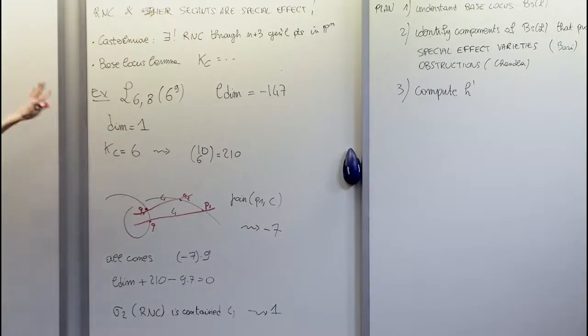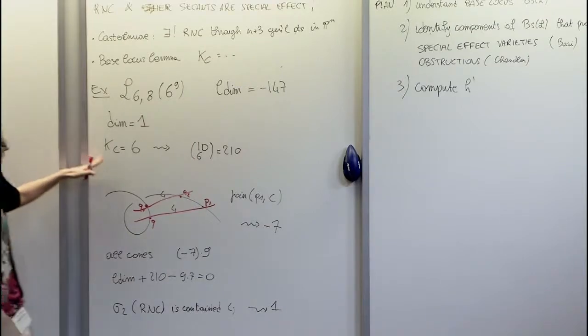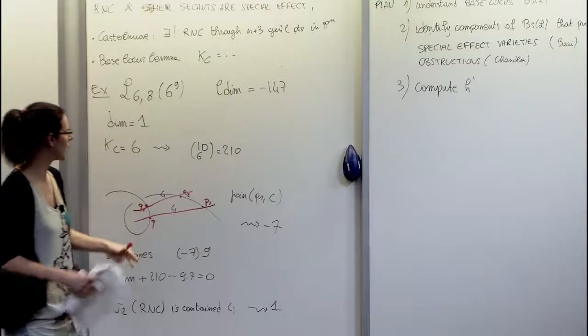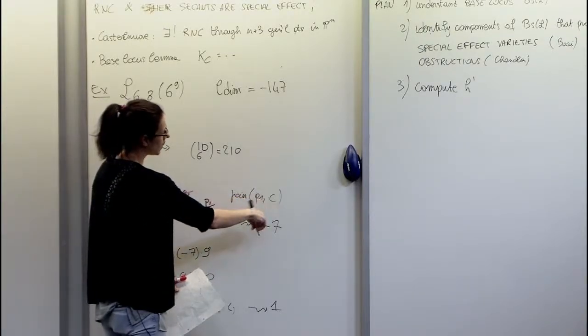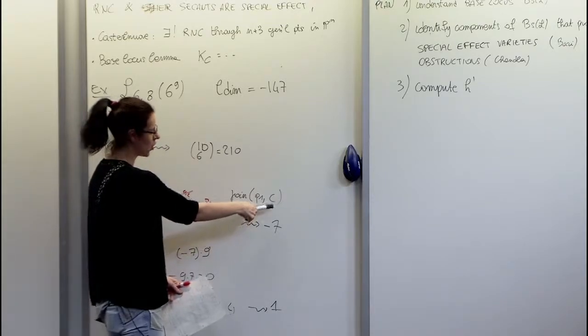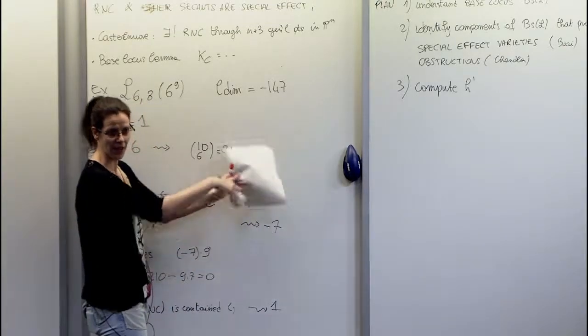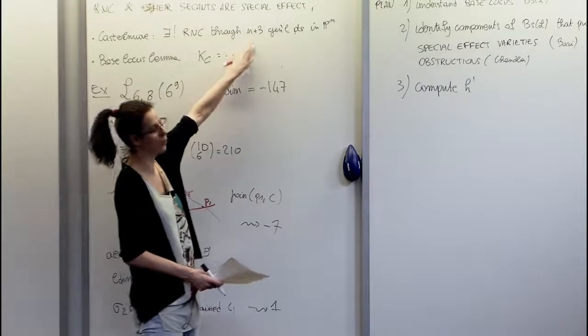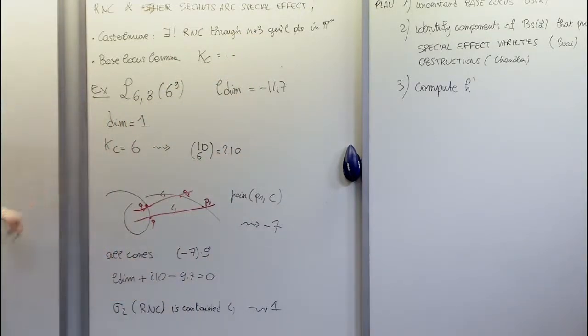So in general, this was just an example, but the thing that we are working on now is rational normal curves and their secants, and also joins between a curve and a line. In this case, it was a point, but I can take the join between the curve and a line and something else. And these turn out to all be special effect varieties. So we believe that we can solve the problem for n plus 3; we have a conjectural formula.